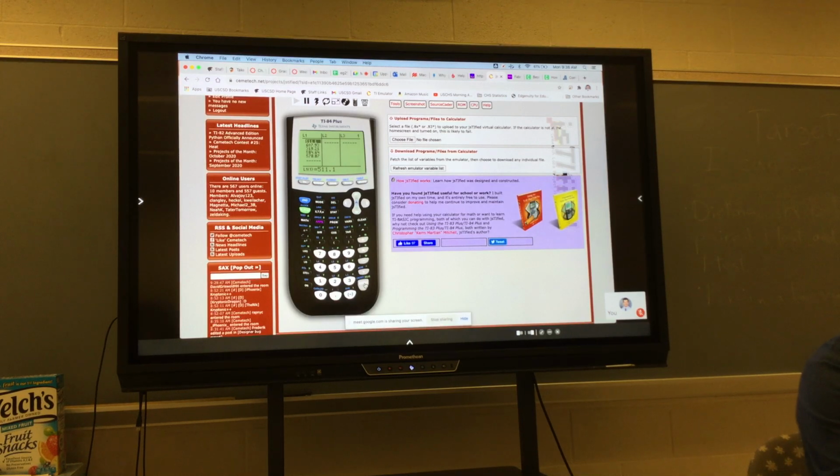So you want to have data in L1 and data in L2. So I'm just going to put some quick data in here. So this would be sample 1, this would be sample 2. Now back on the main screen, you can go stat, calculate. Rather than 1 var stats, you can go to 2 var stats and just confirm that your lists are L1 and L2.